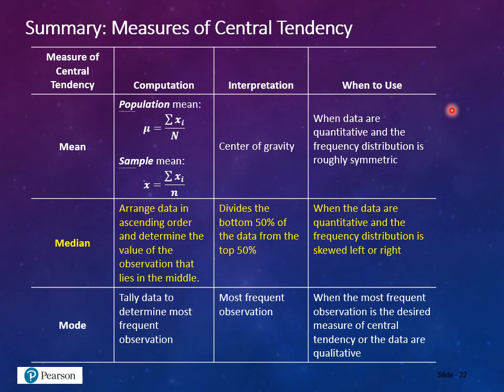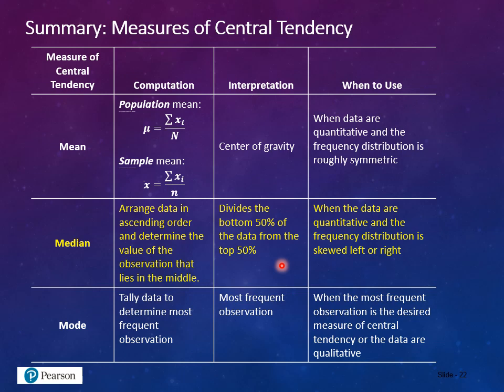When data is quantitative and the frequency distribution is roughly symmetric is when you want to use the mean, and then your statistics become more resistant. For median, remember this was the value in the middle that divides the bottom 50% of the data from the top 50% of the data.